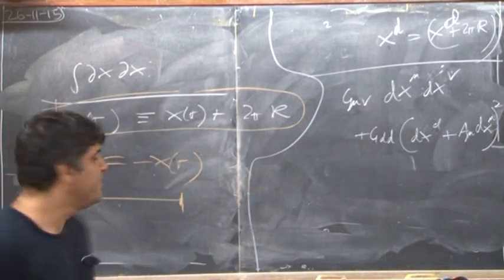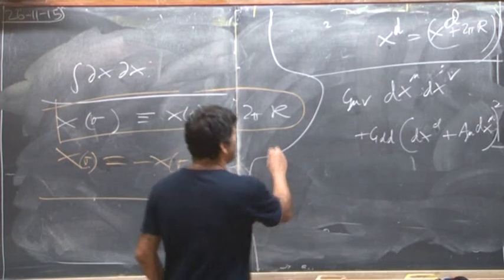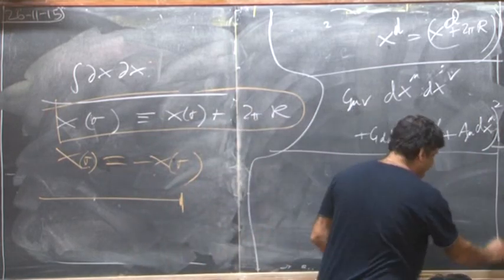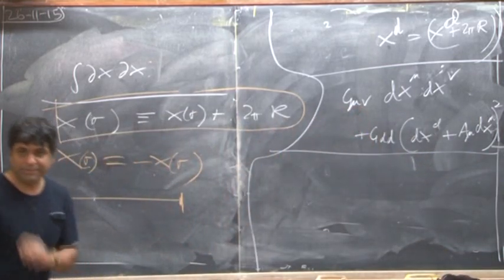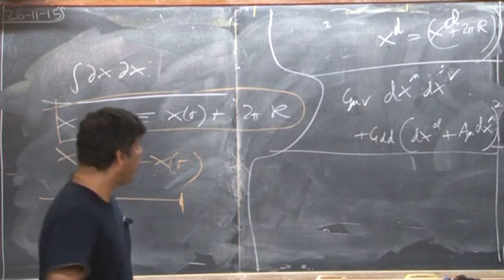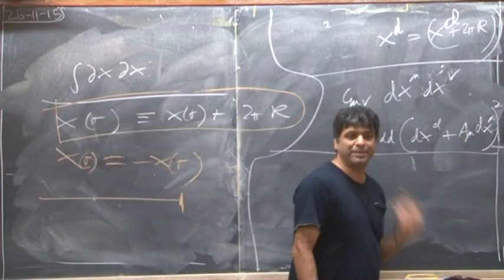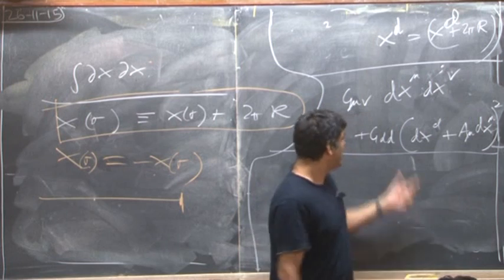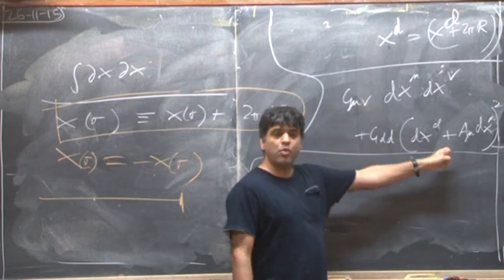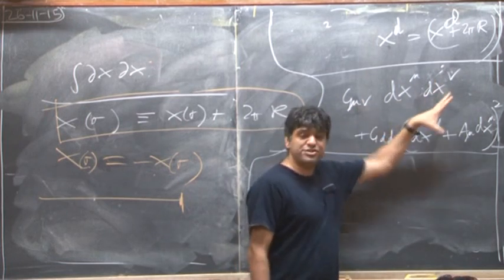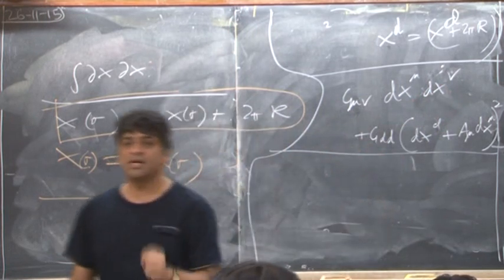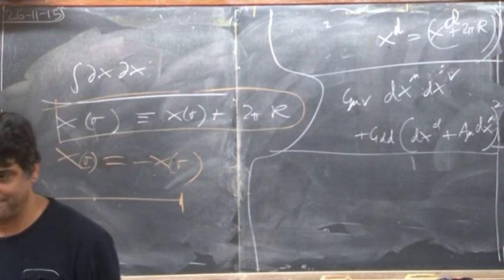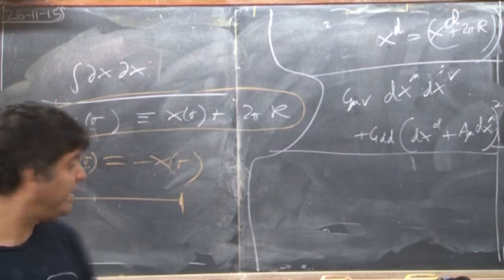So what we're going to do is to study such a background and see the role that A mu plays in it. That's the key thing. Firstly, what if we dimensionally reduce this theory on the circle, what fields do we get? We get a metric in the lower dimensional space.